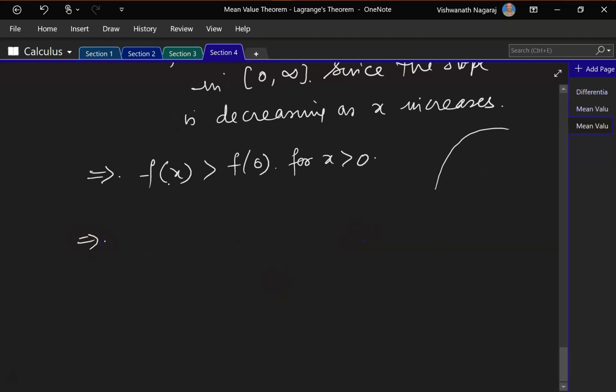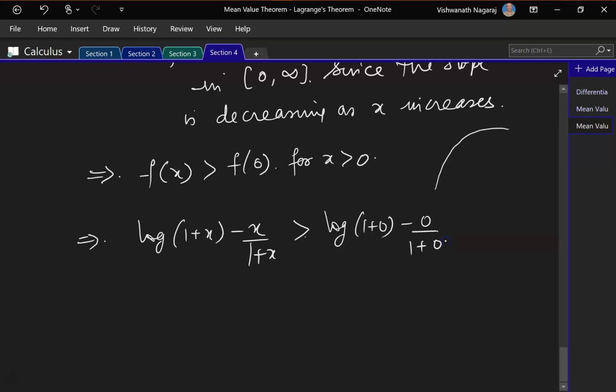Now this implies, now let's look at f of x. F of x is what? Log of 1 plus x minus x by 1 plus x is greater than f of 0. That means log of 1 plus 0 minus 0 by 1 plus 0, right? So log of 1 plus x minus x by 1 plus x is greater than log of 1.